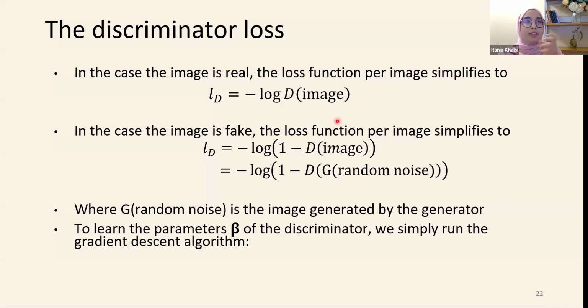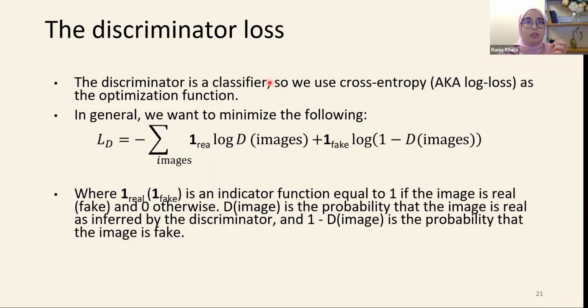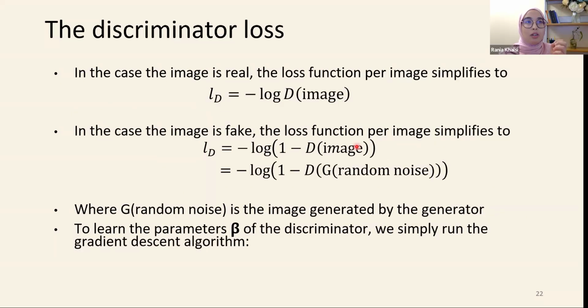Okay, in the case that the image is real, the loss function per image simplifies to just minus log D of the image. That is where the minus is coming from, by the way. We are ignoring the log of 1 minus D term, and this part is equal, let's say, to 0.